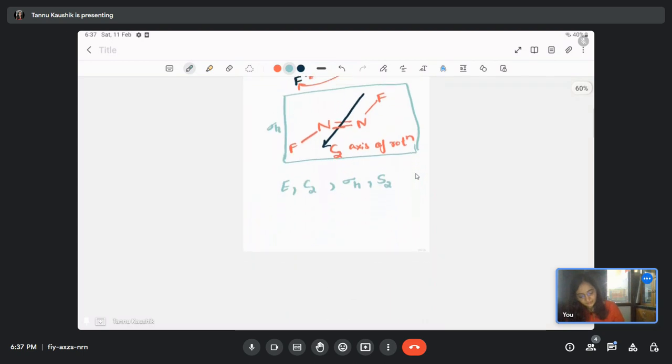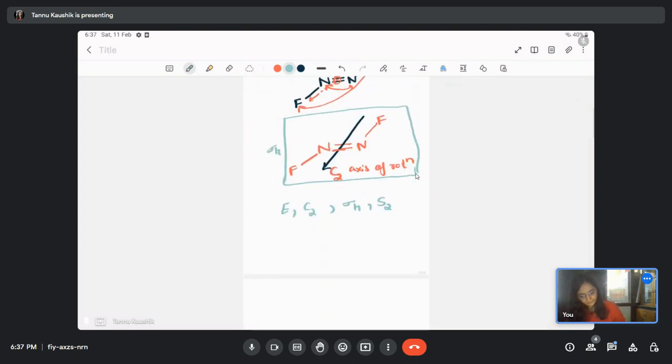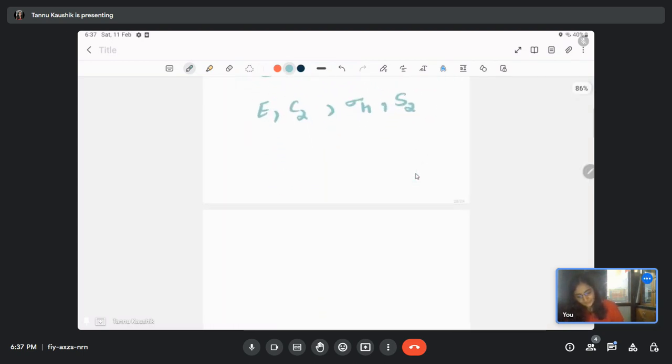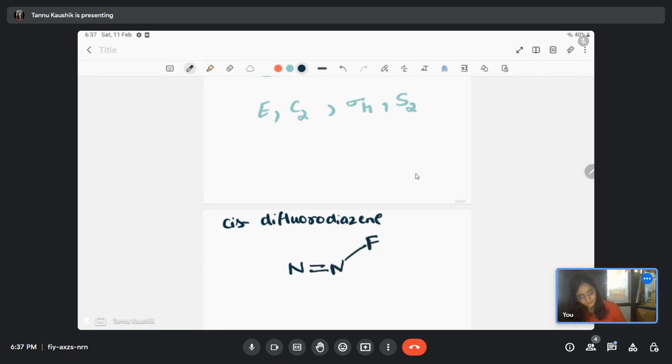Thanks, Mayuk. So this is the trans isomer. We have a cis isomer also for this. So what are the symmetry operations in this molecule?